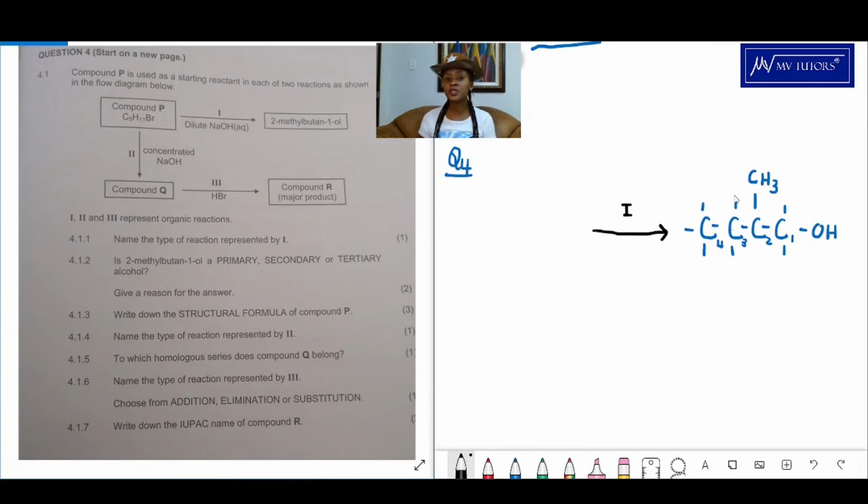This piece of information actually gives us an idea. So we are going to have a branched chain. We're still going to have 4 carbons. 1, 2, 3, 4. And on the second carbon, we're going to have that methyl group still. But somewhere we're going to have that bromine, that halogen. So where?